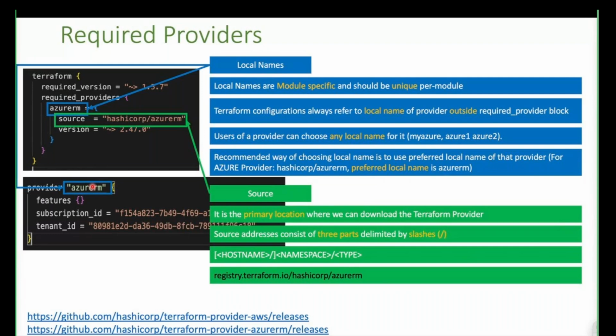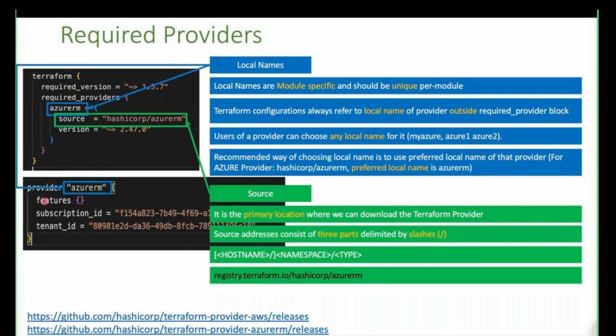If you mention something like Azure portal, then the label should be Azure portal here. But it is always better to use the standard one. If it is azurerm, just use azurerm. This is the standard one, but it can be anything.